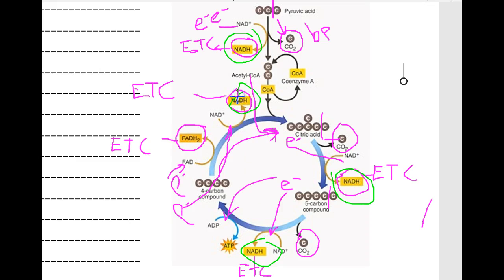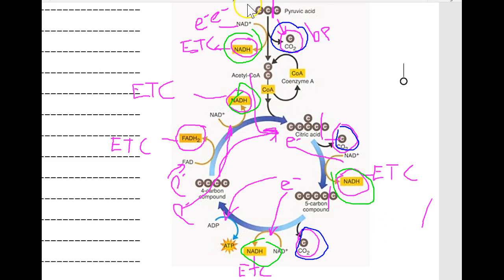So we got 4 NADH from this reaction. Let's see how many carbon dioxides we got. It's still produced, but they're a byproduct. We've got 1, we've got 2, and we've got 3. They're going to be released from the cell, and that's the carbon dioxide that we exhale from our lungs.